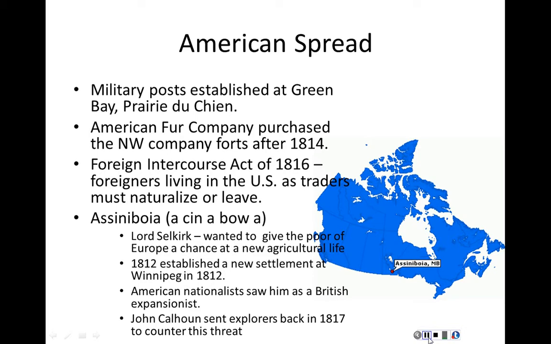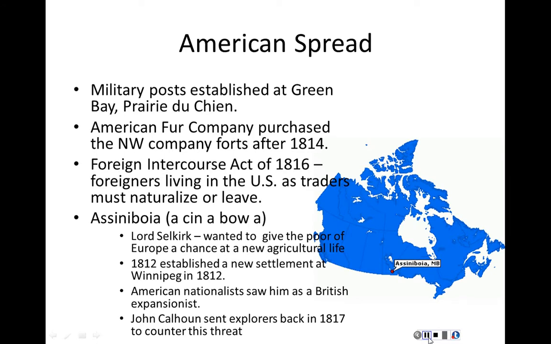There's some protectiveness about this area because there's still worries that perhaps the British in Canada would want to come in and take this area. So one of the things that worries many Americans that leads to this Foreign Intercourse Act is Lord Selkirk, this British noble, who wants to take poor people and relocate them to Manitoba.